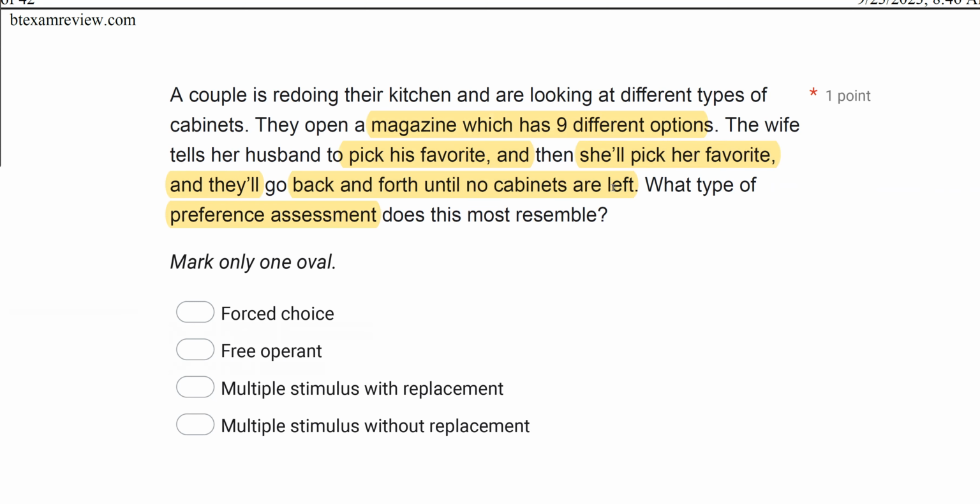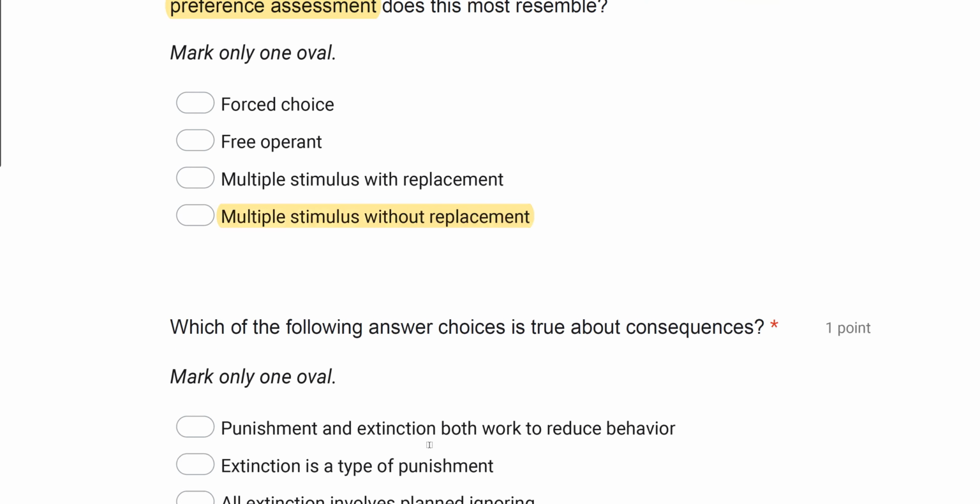Well, since no cabinets are left, that tells us they're not replacing anything, which means this has to be a multiple stimulus without replacement. It's not forced choice because we're doing more than 2 at a time. It's not free operant because it's a contrived number of options and they're picking and choosing. It's not with replacement because we're not replacing anything. So it has to be multiple stimulus without replacement.